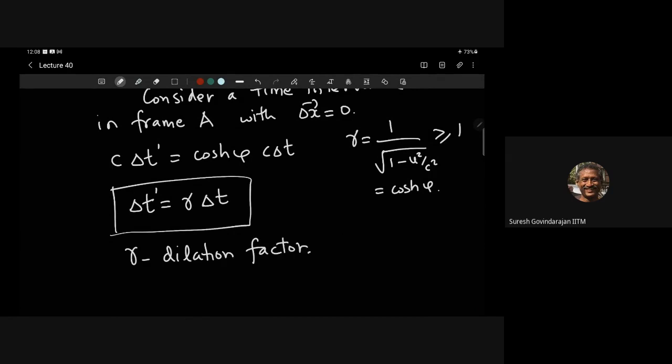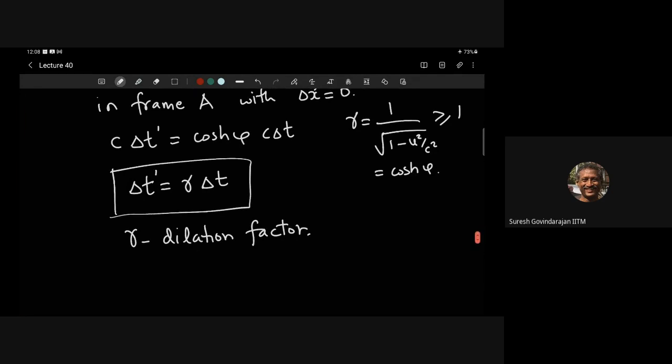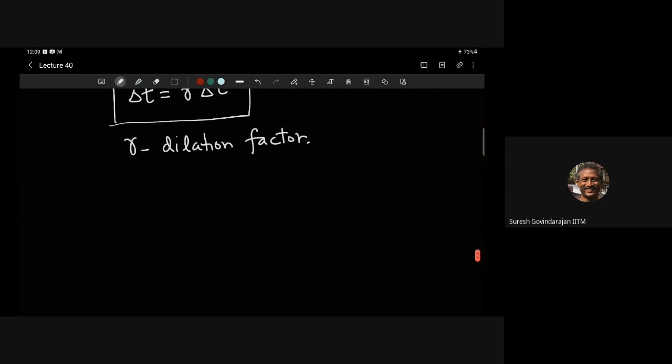What is very interesting is that similarly, if you consider in frame B a time interval delta t prime, there will be time dilation of that also happening in frame A. So it's symmetric in a weird way. The key point is that the factor is always greater than or equal to 1. Okay, so let's try to make sense of this.